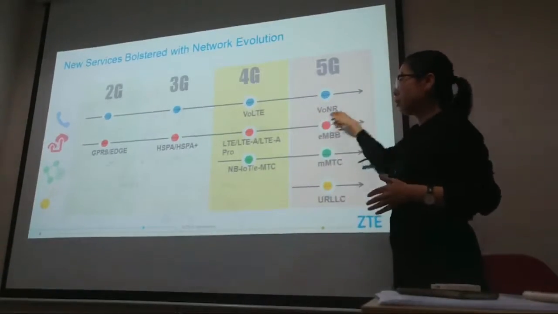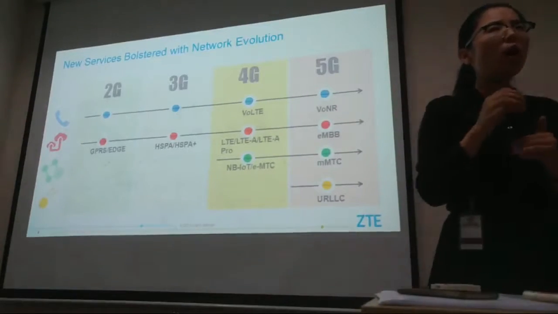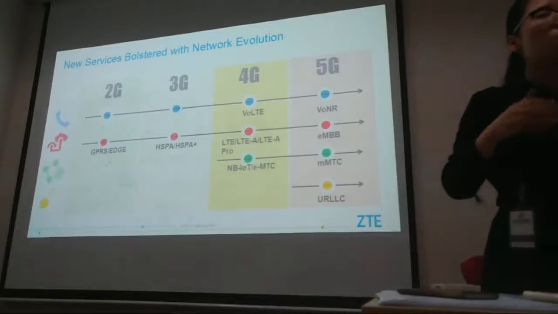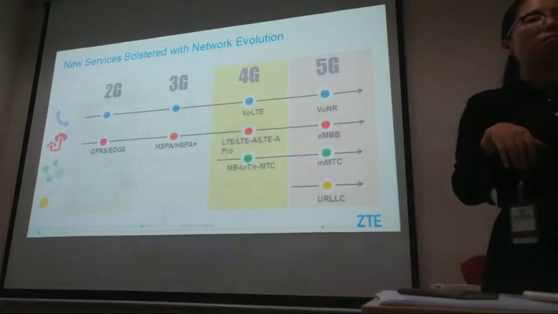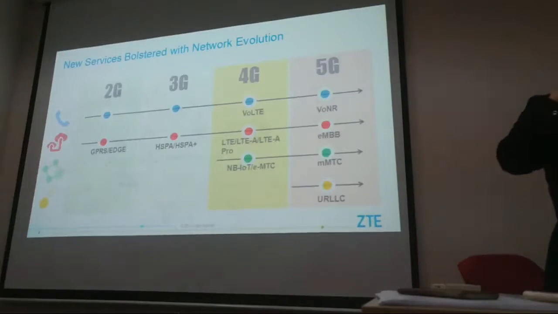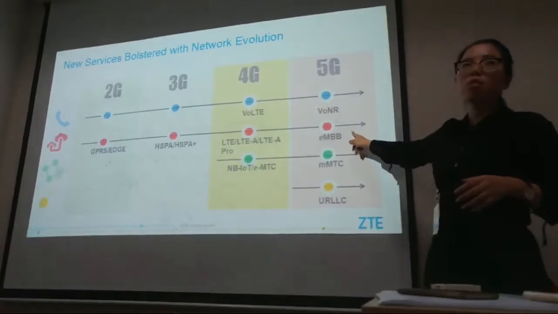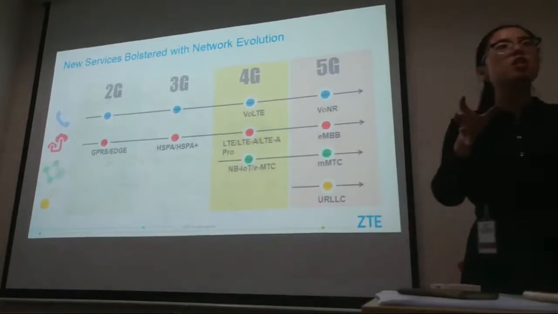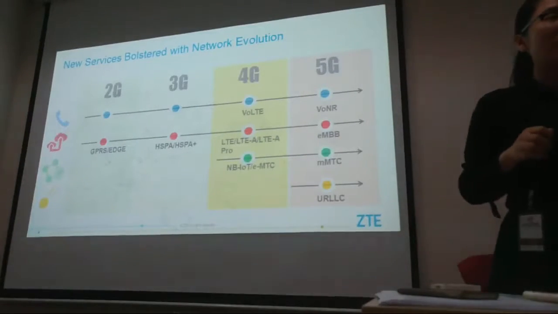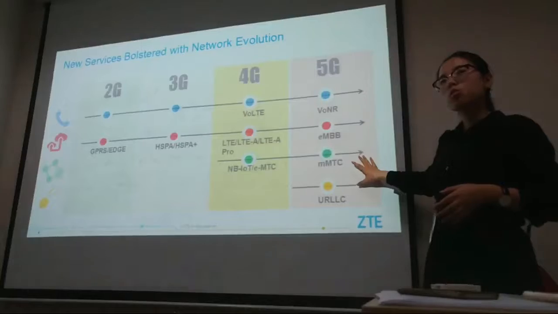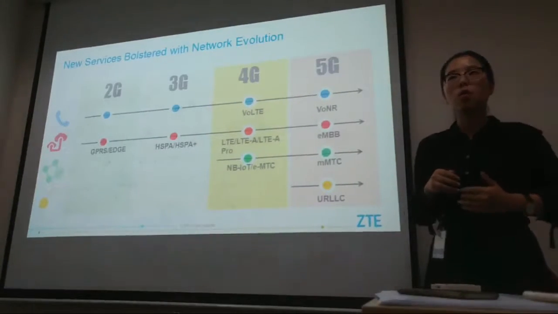For these three, eMBB, mMTC and URLLC, which one should we deploy first? Which one don't we need to deploy so quickly? eMBB should be deployed first because it's the traditional data service, and we will use it directly. For the other two, almost all countries now test the service.